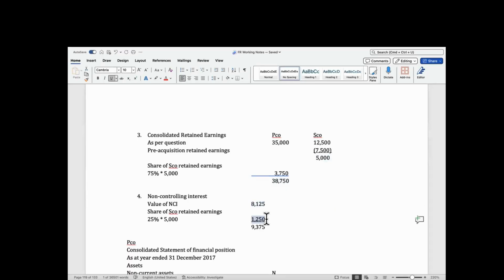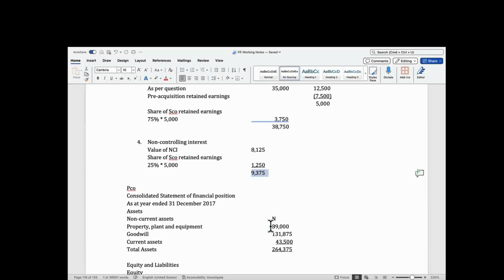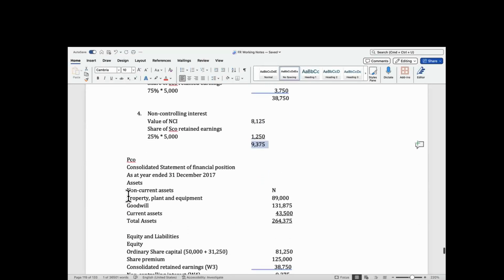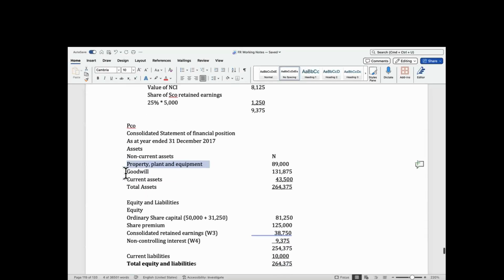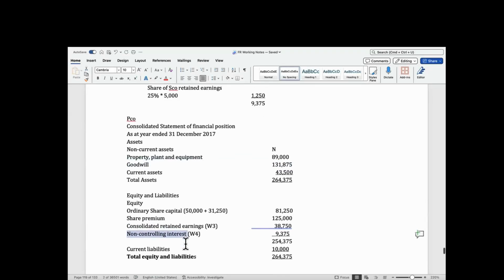The parent takes his own, the NCI takes his own share of the post-acquisition retained earnings of ESCO. Then I add the two together, get my value. That's it. And I consolidate. So I'm adding the line items of the parent and the subsidiary together. Then I pick goodwill, consolidated retained earnings, and NCI from my workings.